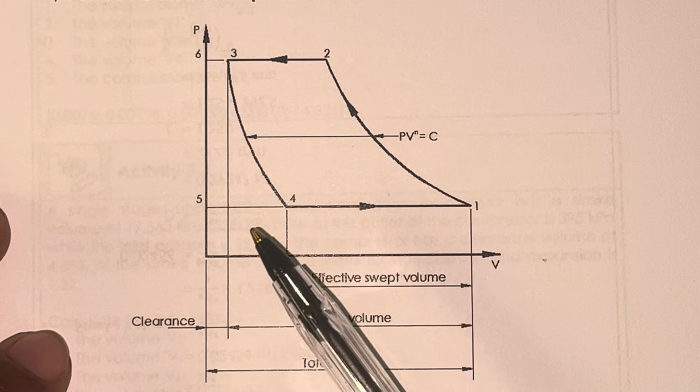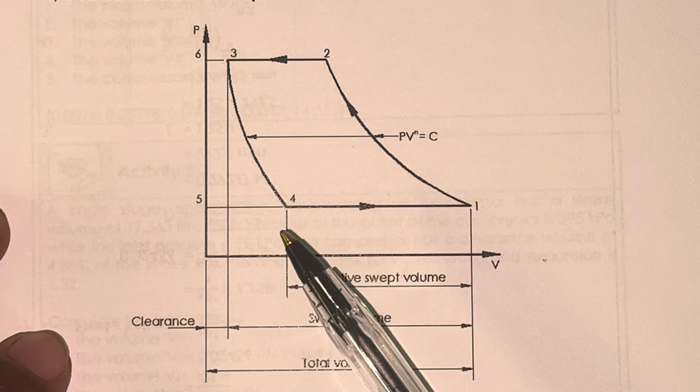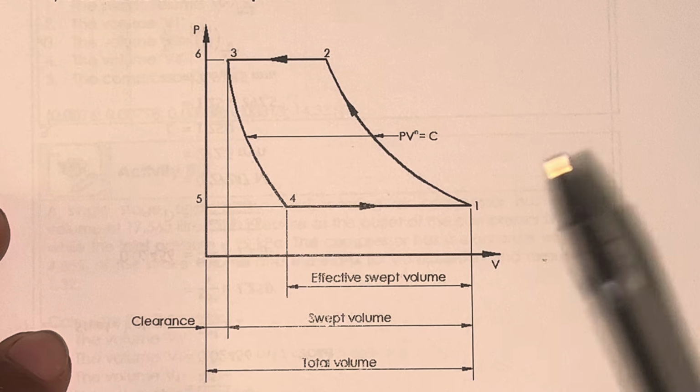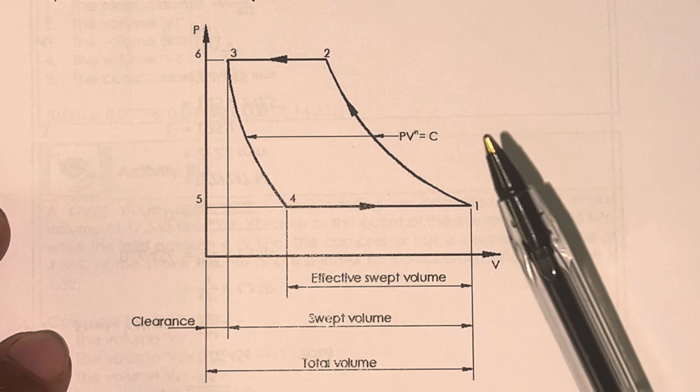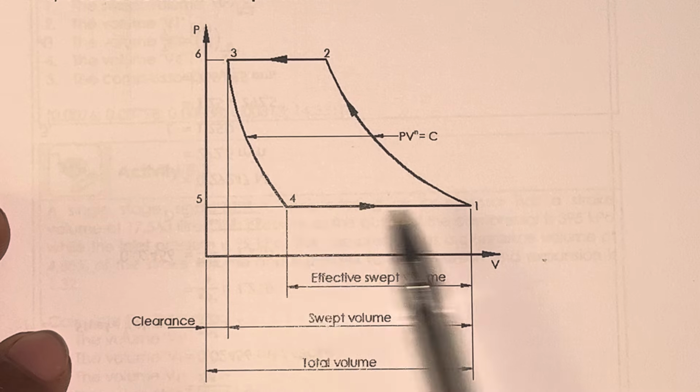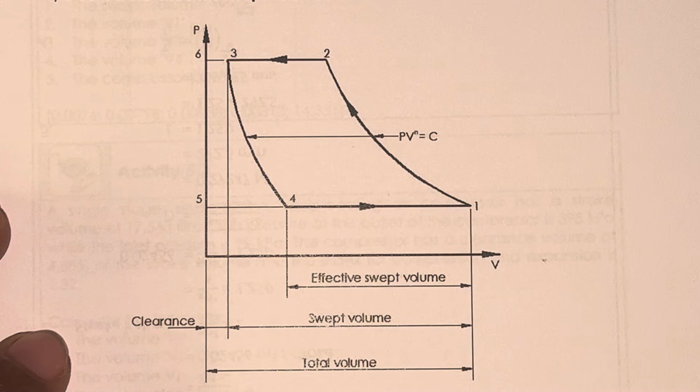The fresh charge of air between V1 and V4 is called the effective swept volume.